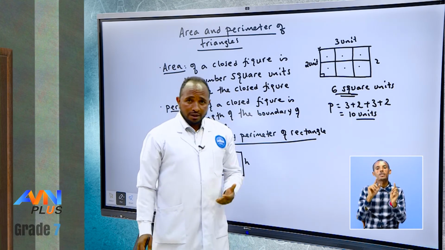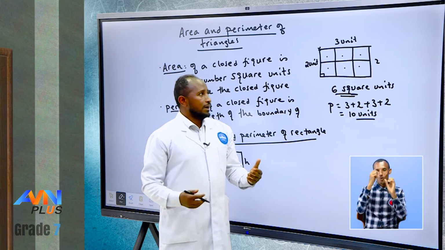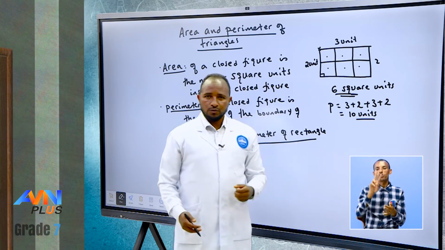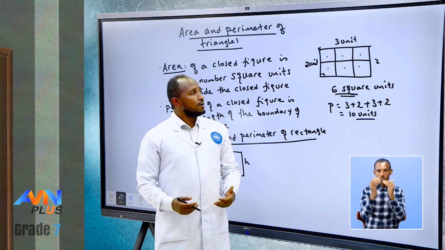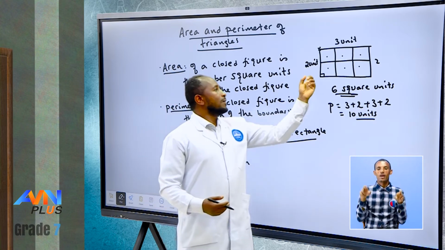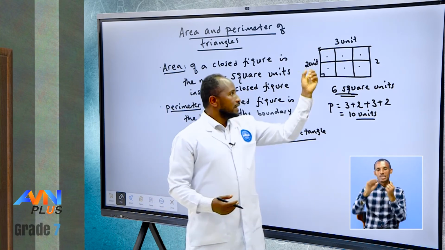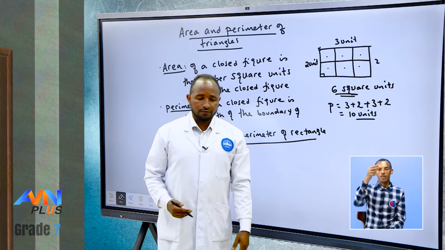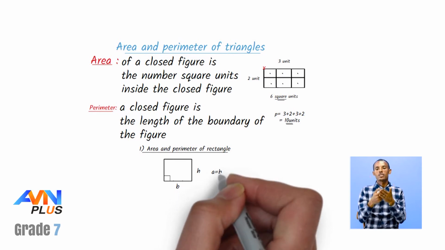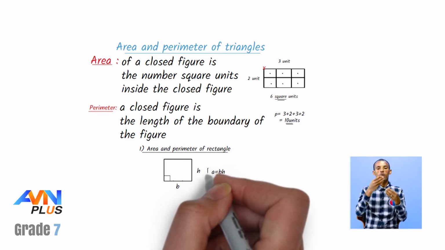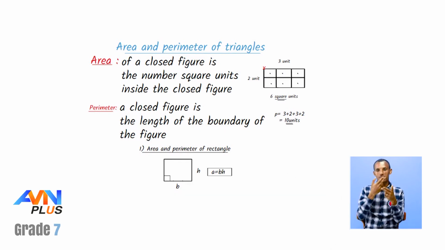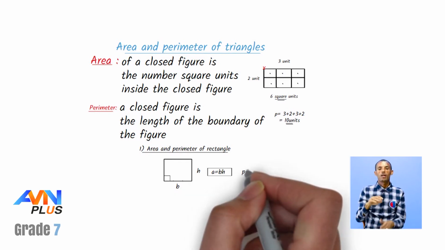But simply you can find it by multiplying these two. 2 times 3 gives you 6. Therefore, to calculate the area of a rectangle, you multiply the base and the height of that rectangle. Therefore, the area of this rectangle is given by base times height.